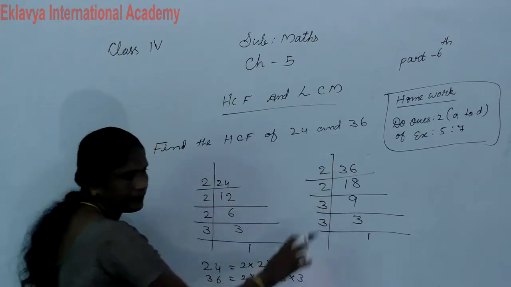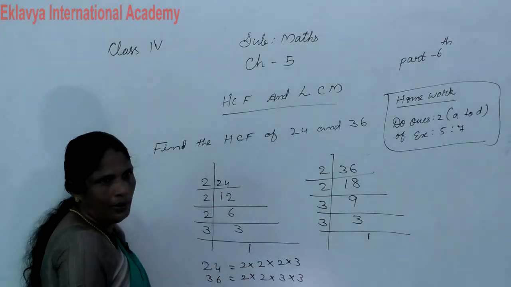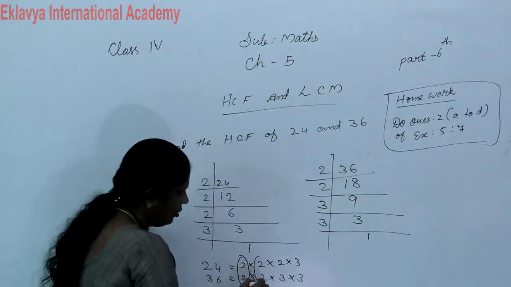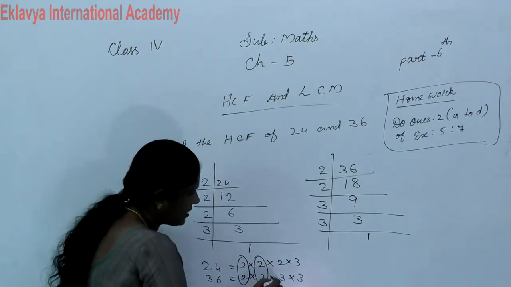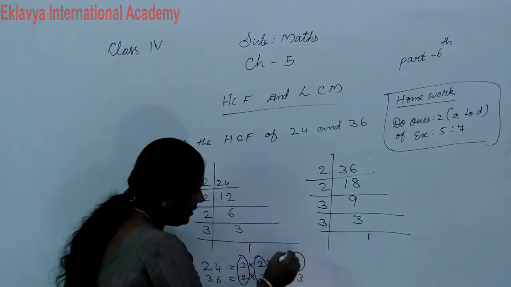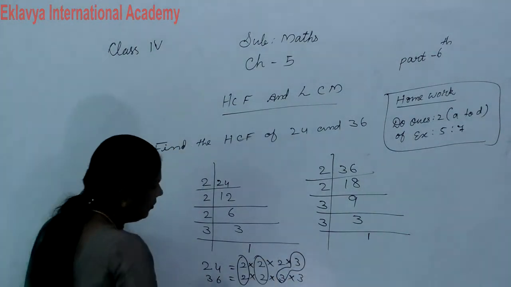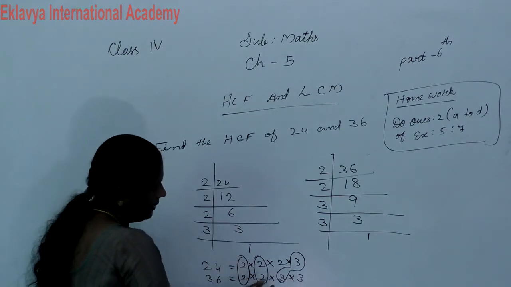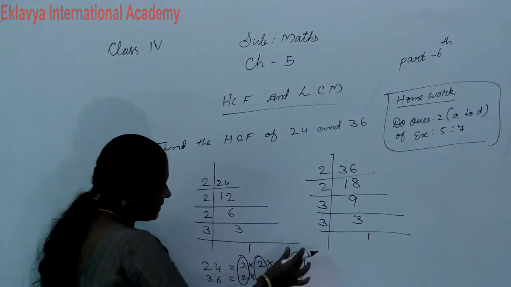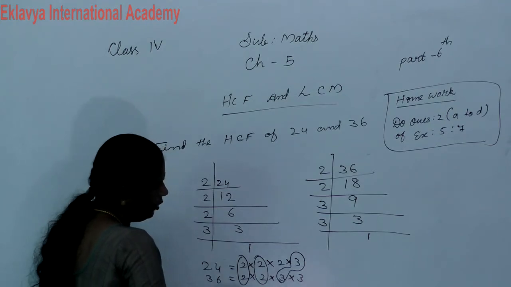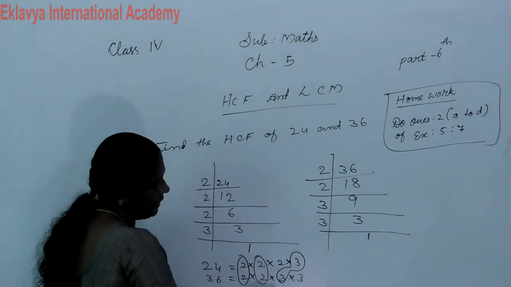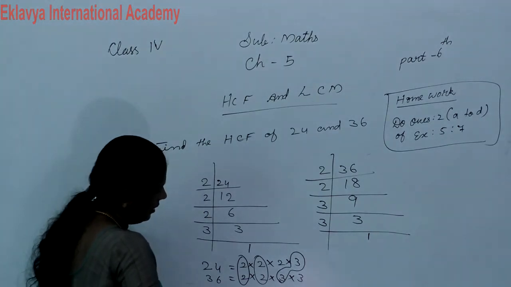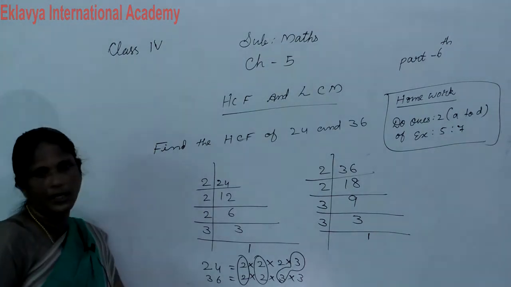Now we circle the common factors: these 2, this 2, this 3 and this 3. Now we take one from each group. Now multiply: 2 2s are 4, 4 3s are 12. HCF is equal to 12.